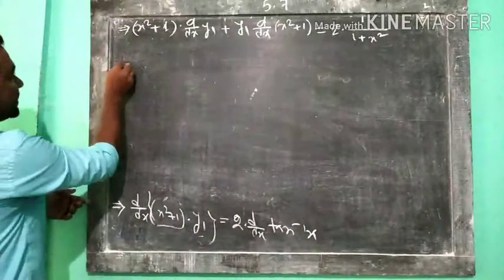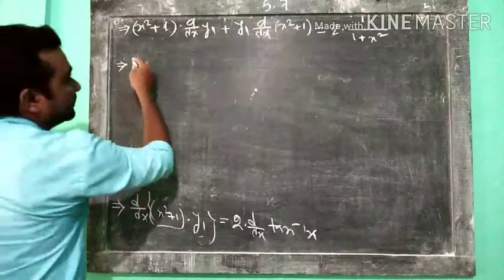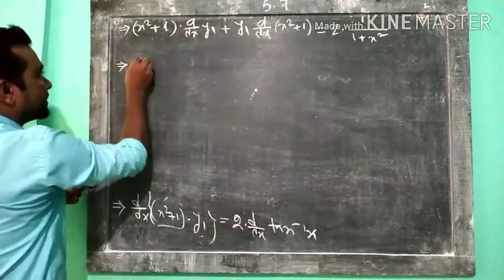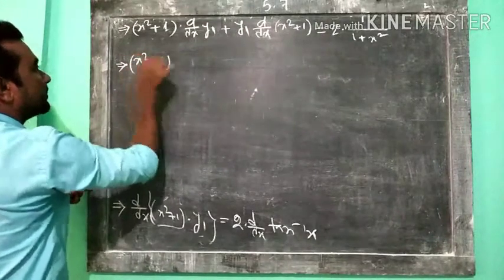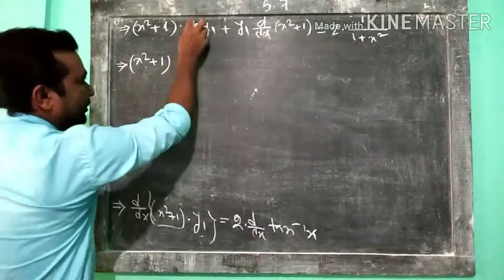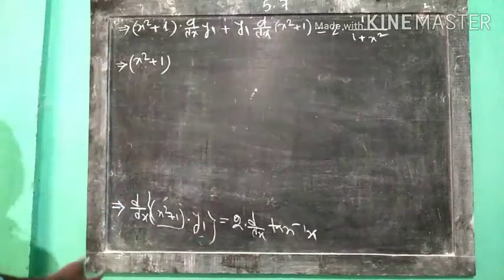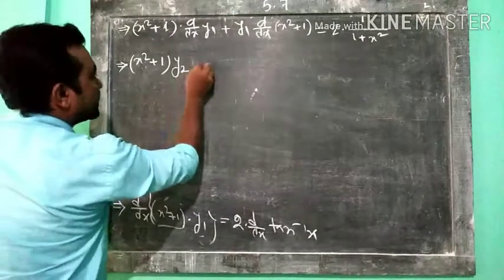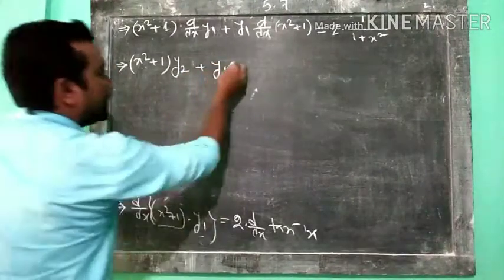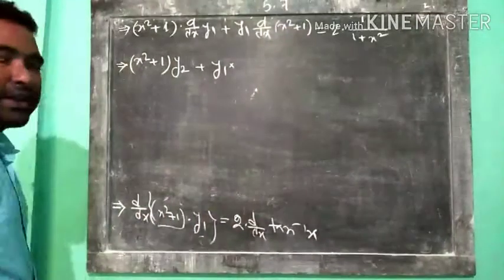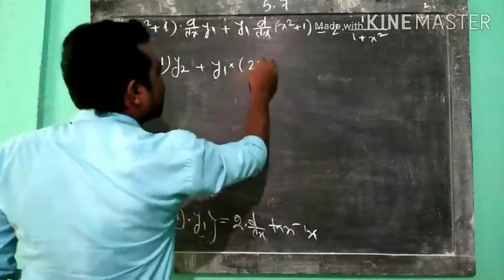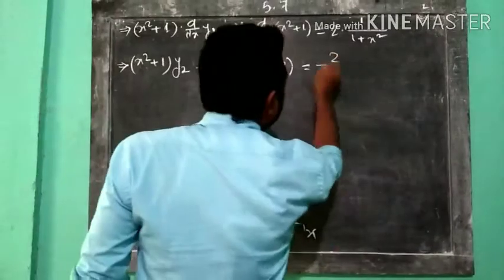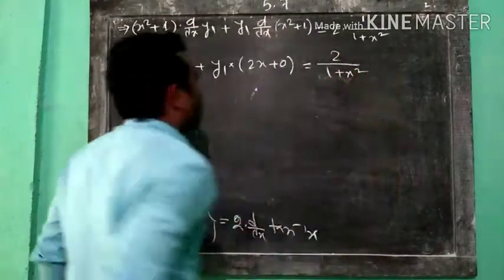So this implies that d/dx of y1 means the second order derivative, so this can be written as (x square plus 1) y2 plus y1 into d/dx of x square, which is 2x, plus d/dx of 1, which is 0, is equal to 2 by 1 plus x square.